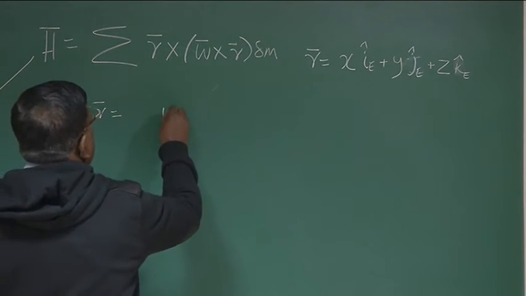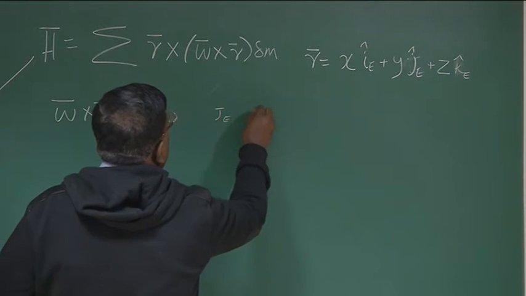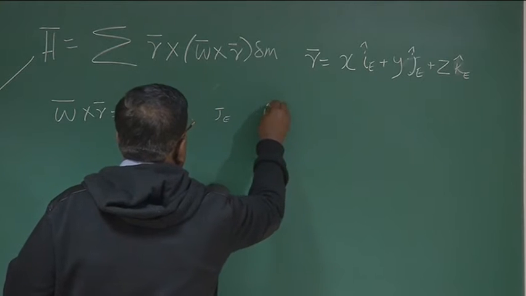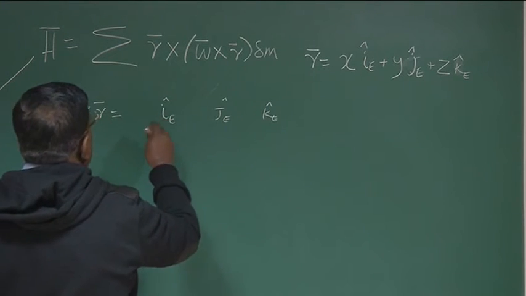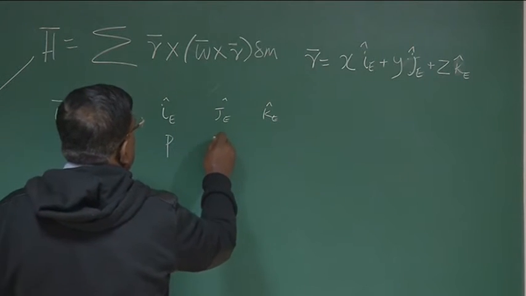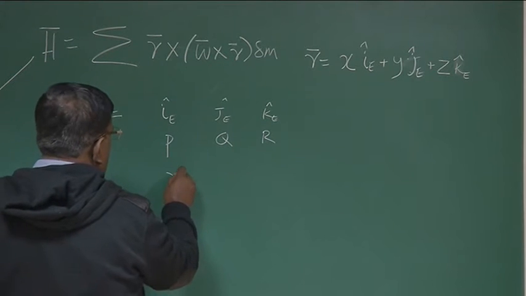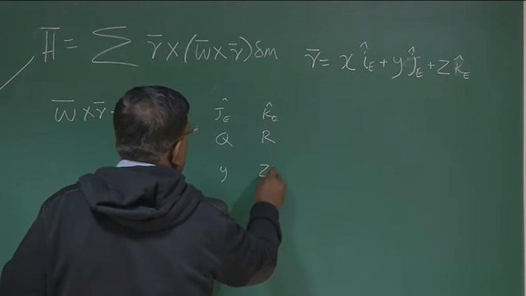By vector algebra, I write iE, jE, kE, then omega as P, Q, R, and r as x, y, z.